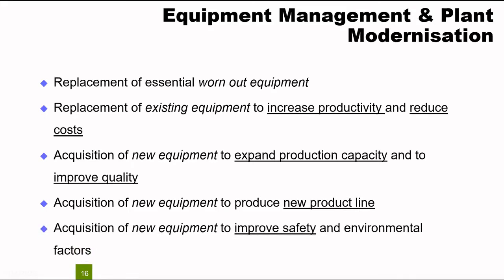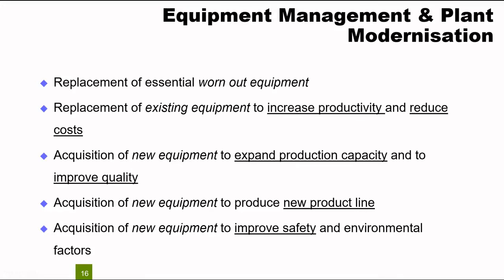And acquisition of new equipment to improve safety and environmental factors. You're driving a car that is old and rickety, and the mileage has gone down. It produces a lot of fumes and smoke and other things. But still, you don't want to sell it. You're not looking at all the pollution that is happening, and the kind of problem that you're facing every now and then, getting it repaired and things like that.